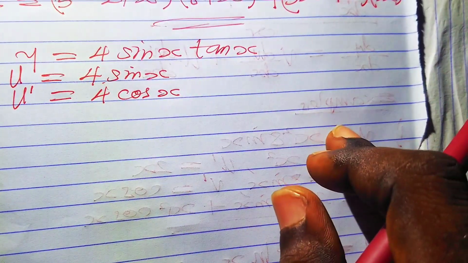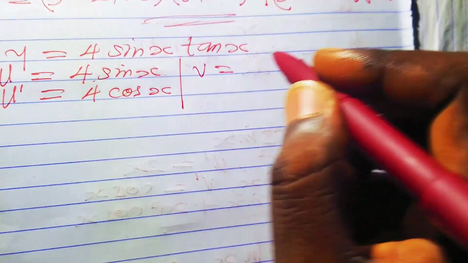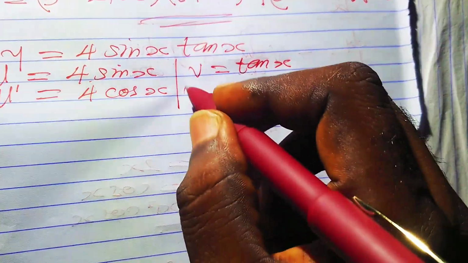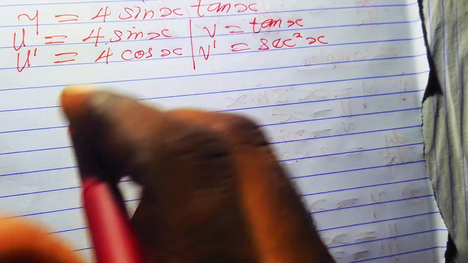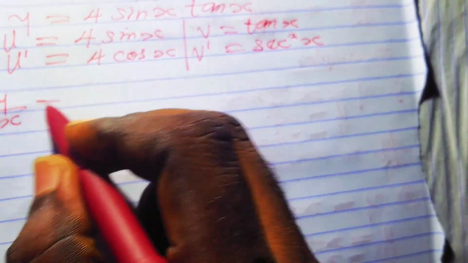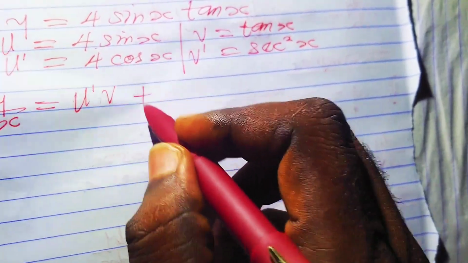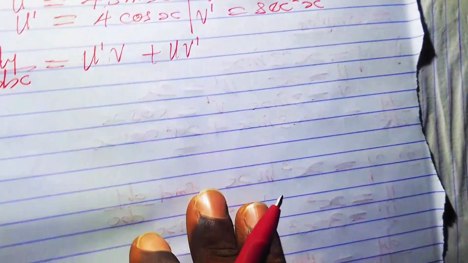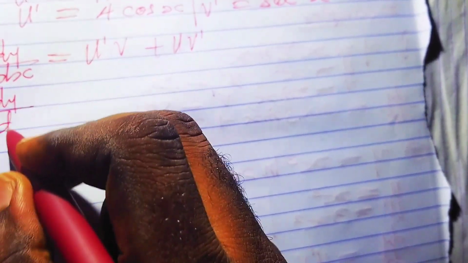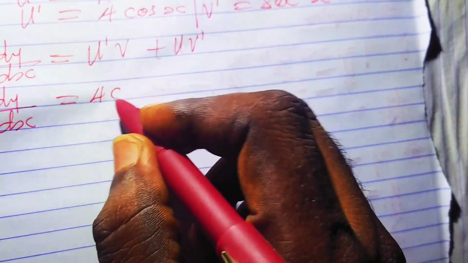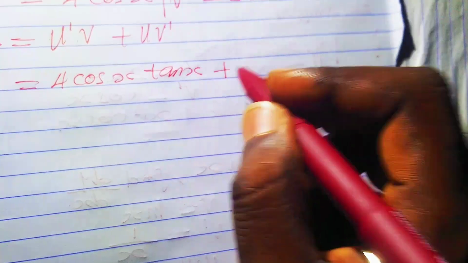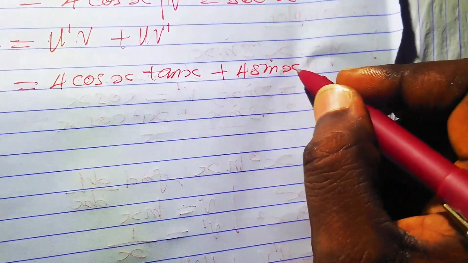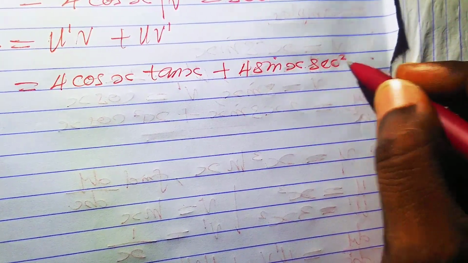So u prime is 4 cos x, and v is going to be equal to tan x, and therefore v prime is going to be equal to sec squared x. Therefore dy/dx is equal to u prime v plus uv prime. Let's substitute that into what we have, and therefore dy/dx is going to be equal to 4 cos x tan x plus 4 sine x sec squared x.